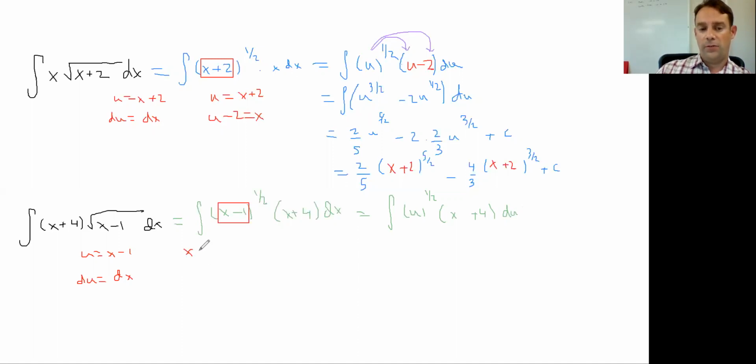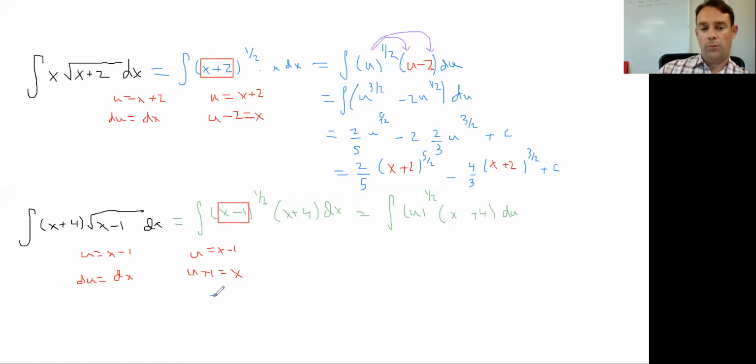And again, I don't want that x plus 4. So I have x. Remember, we had u equals x minus 1. So now I have u plus 1 equals x. But I don't want plus 1, I want plus 4.